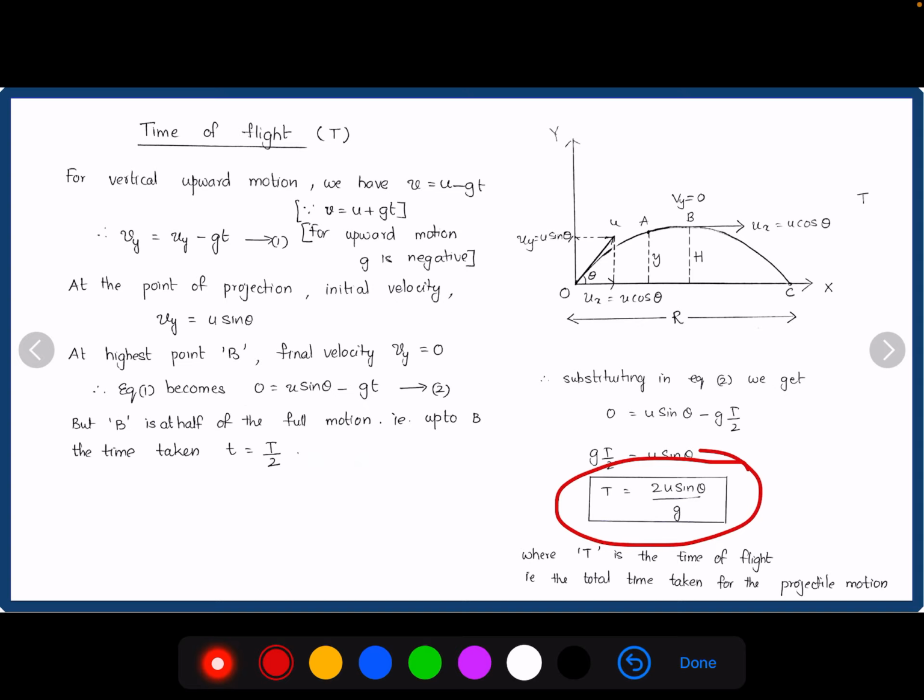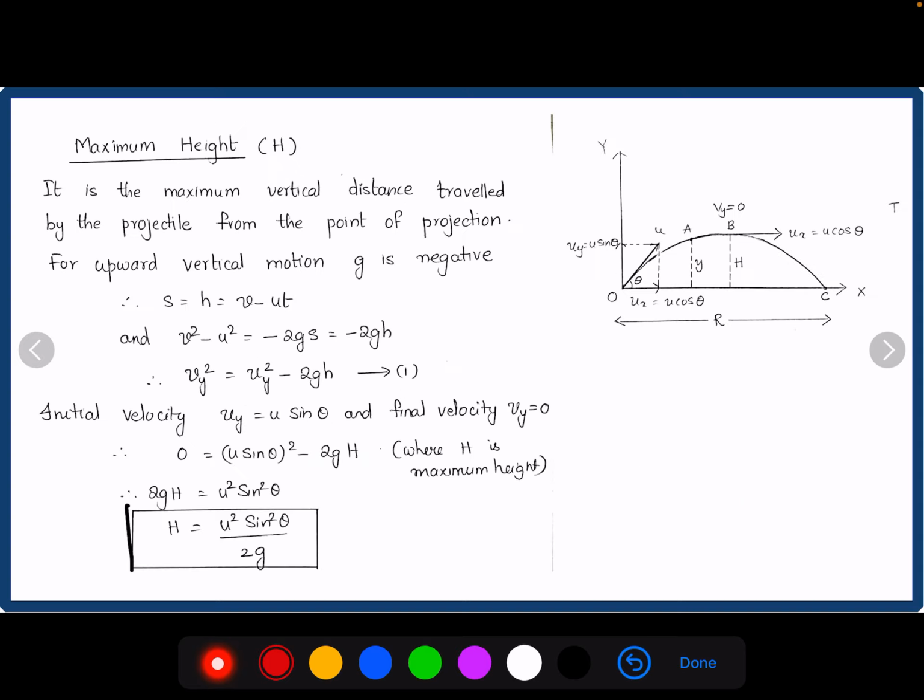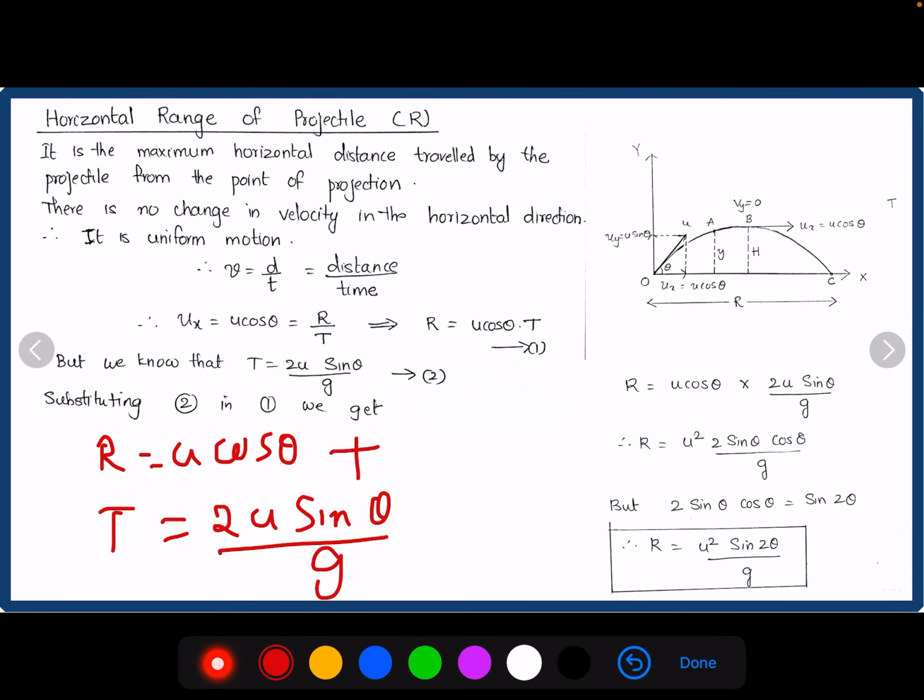We have taken it and substituted it here in this equation for T.